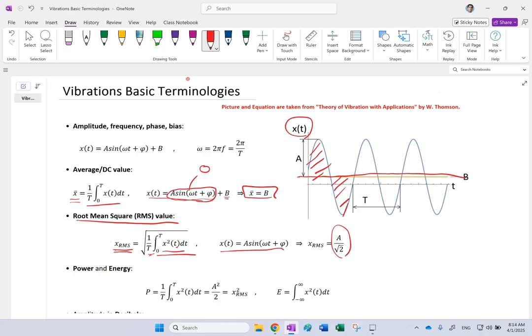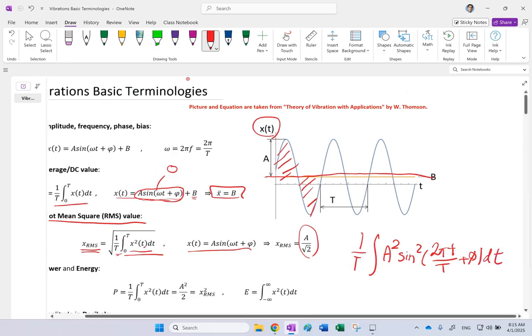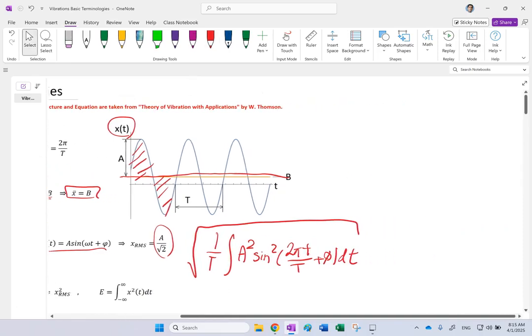Okay, so if I want to show you that, what you need is to integrate, let's say, this function: 1 over T, and then the integral of A squared sine squared of 2 pi t over T plus phi, correct, dt, and then take a square root of that. This is what you need to do.